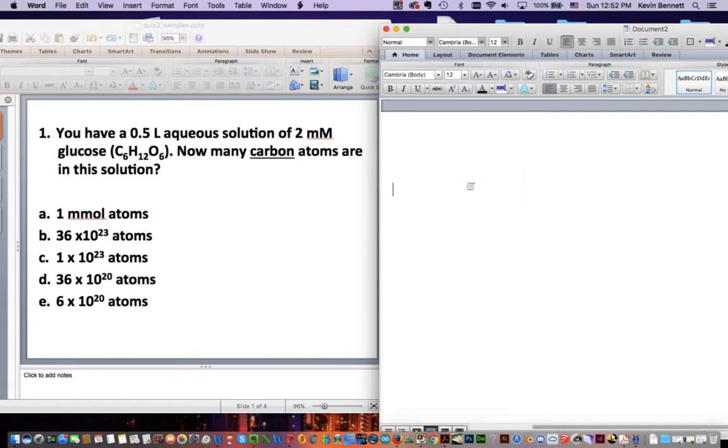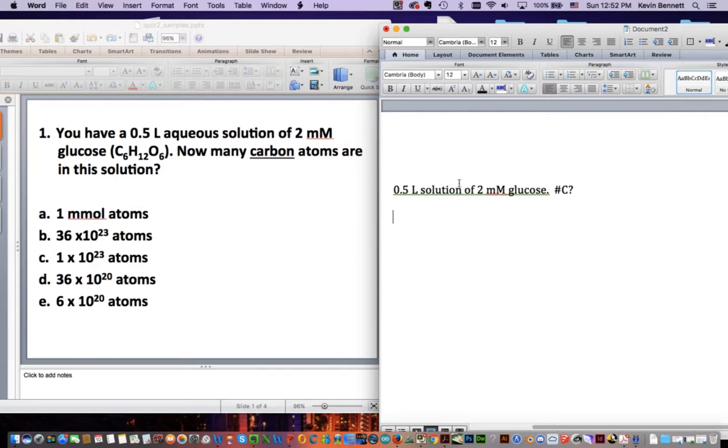So the question is, you have a half-liter solution of 2 millimolar glucose. And the question is, how many carbon atoms do we have? Okay.